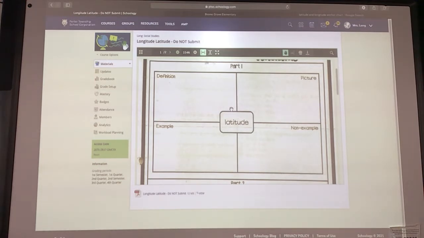Yeah, towards the beginning of the year we talked about latitude and longitude. Not right now. Don't listen. You can find it in 2 minutes.